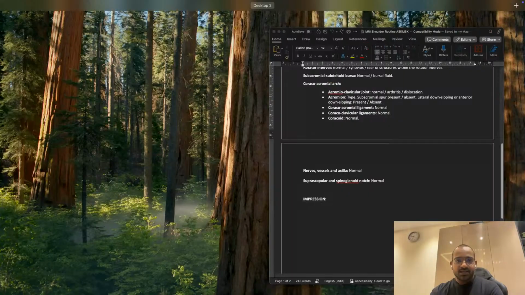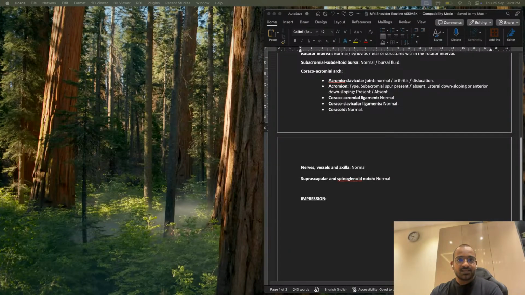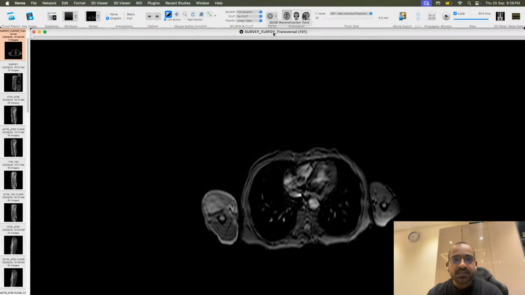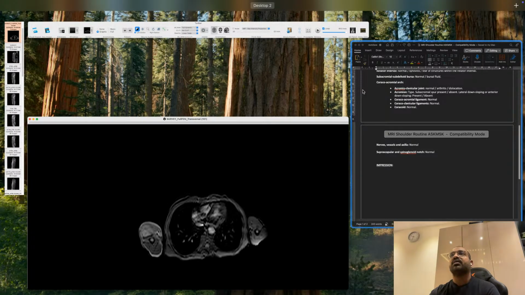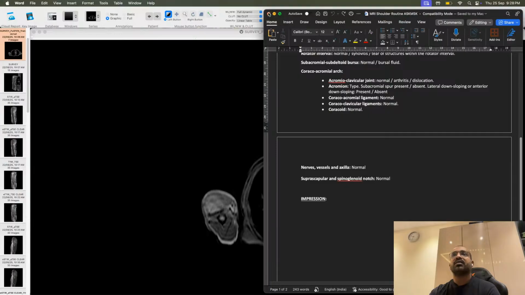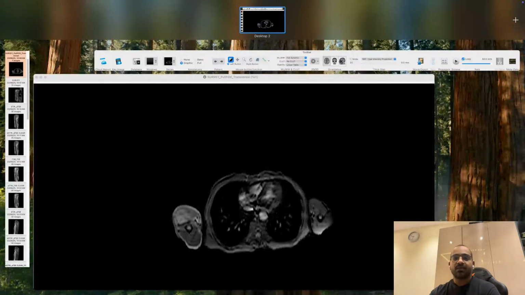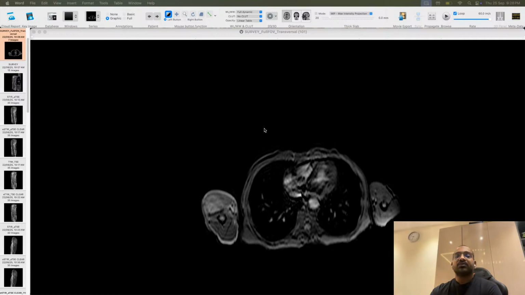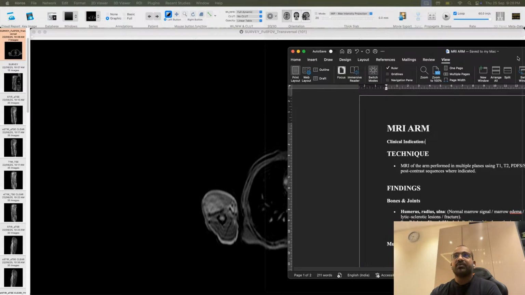Then the second thing: this is a case of a 60 year old patient. His arm MRI was done. The complaint was swelling in the proximal arm.